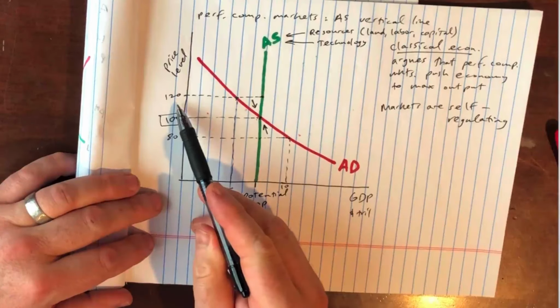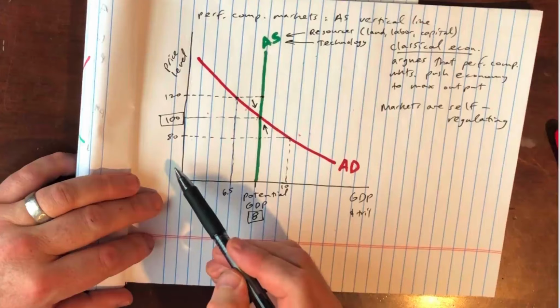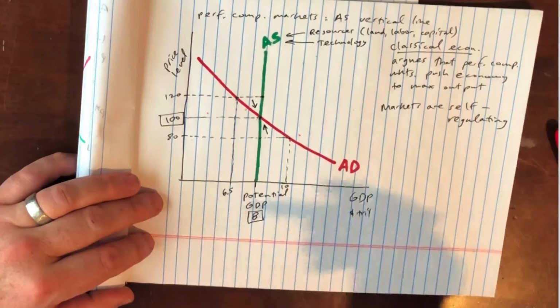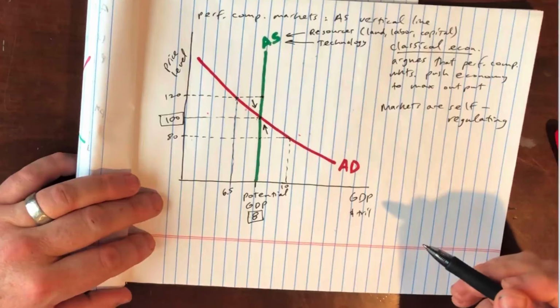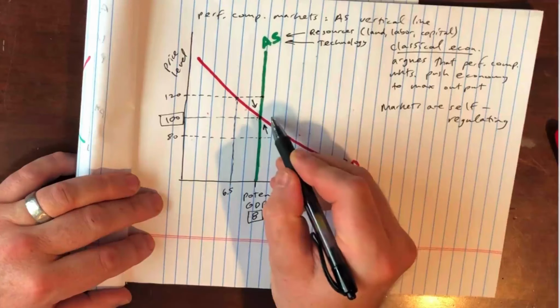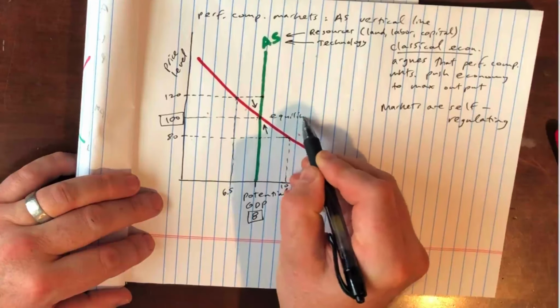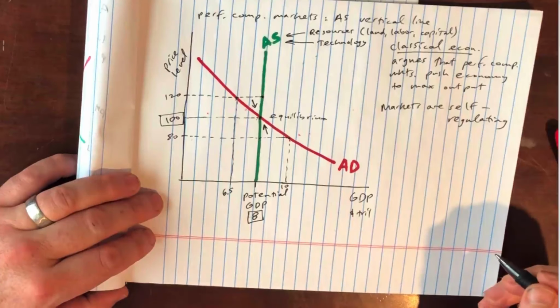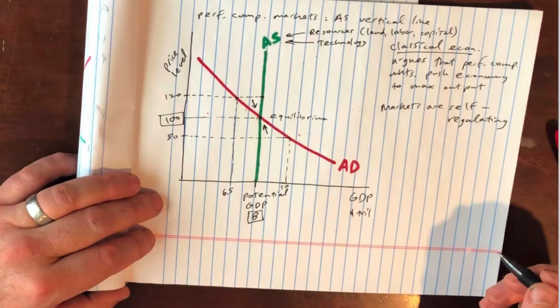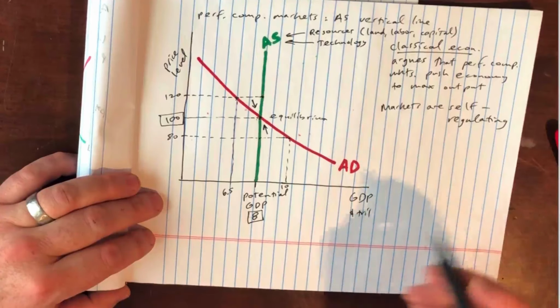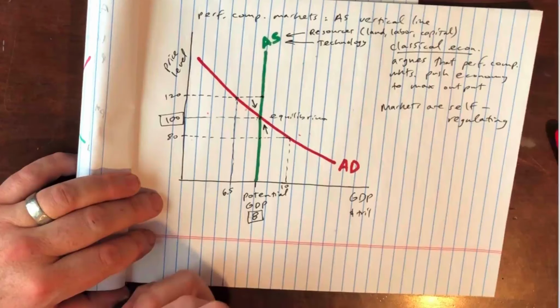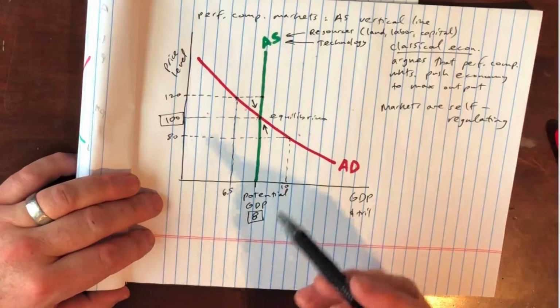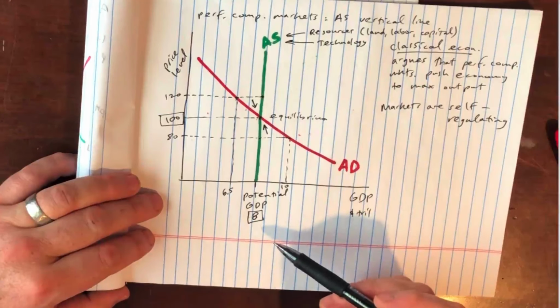If the price level is incorrect, either too high or too low, markets will by themselves adjust it to the proper equilibrium price level. All right? And that equilibrium is ideal for society, is optimal for society. It is in fact inconceivable that you could have anything else except for the optimal price level and optimal GDP.